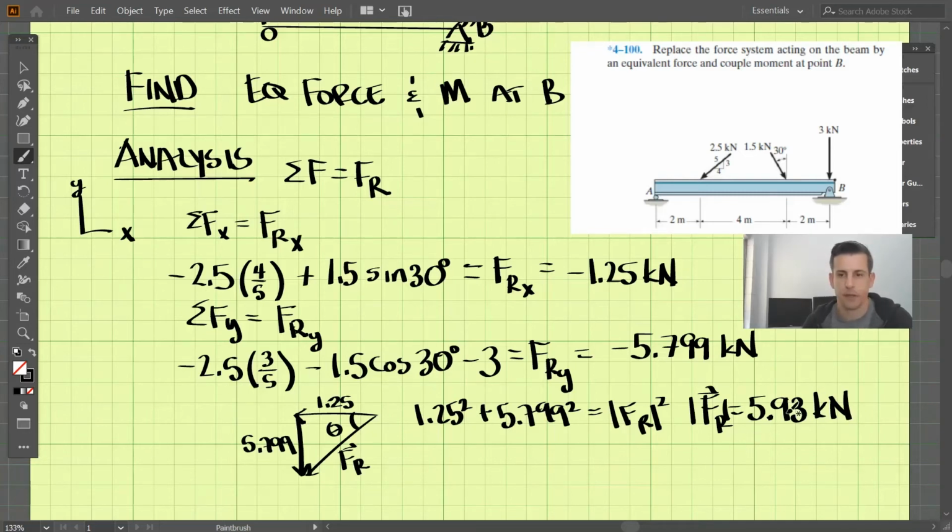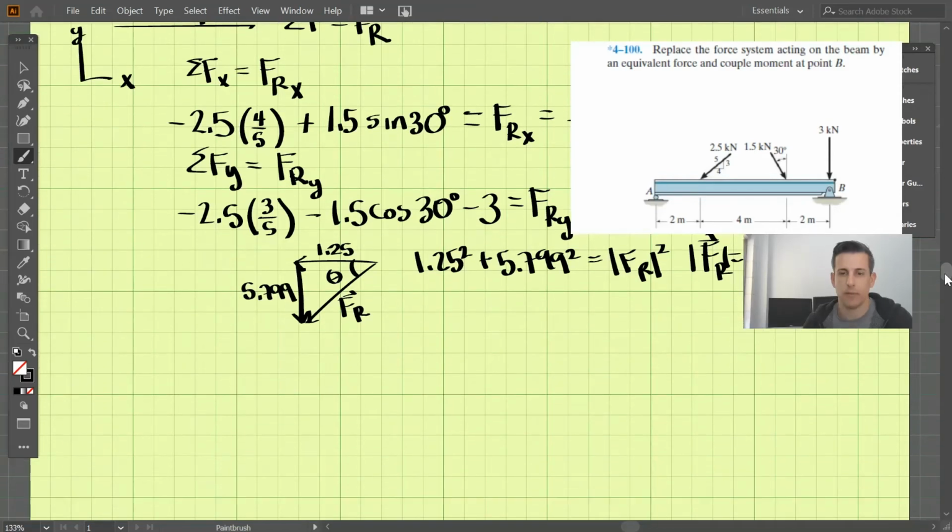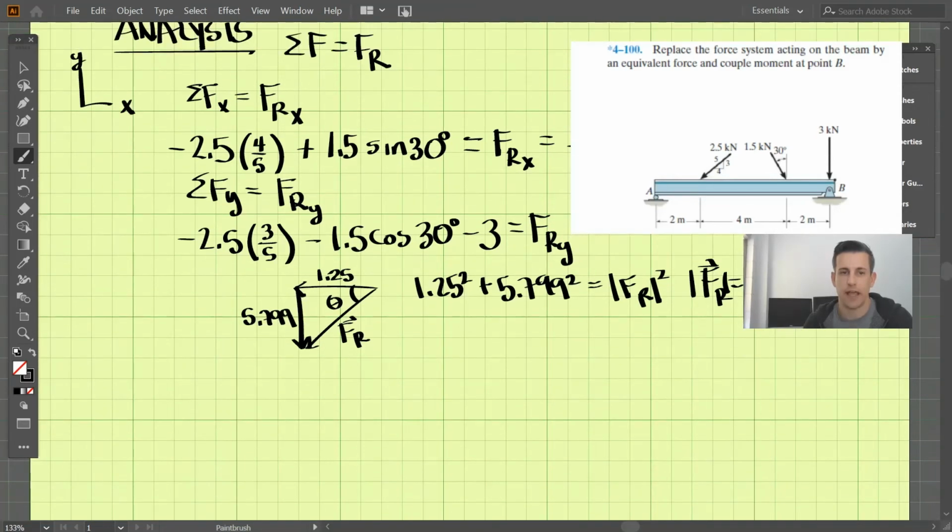And what angle does that act at? We have the magnitude, we just don't have the angle that it acts at. To do that, we can use the tangent. Tangent of theta, remember, is opposite over adjacent, so we have 5.799 divided by 1.25. Once we figure this out, we can take the inverse tangent to figure out theta.